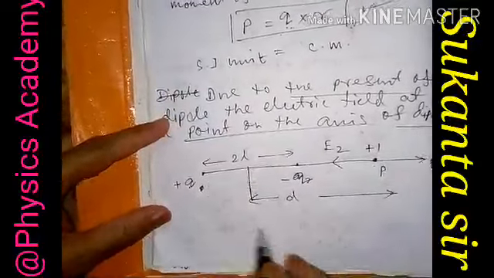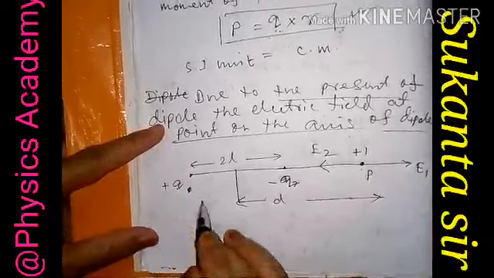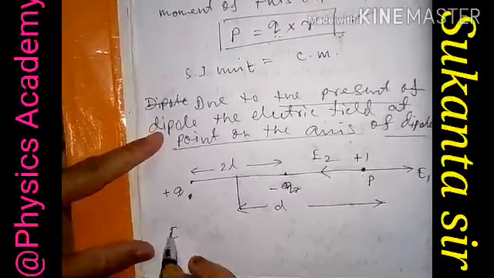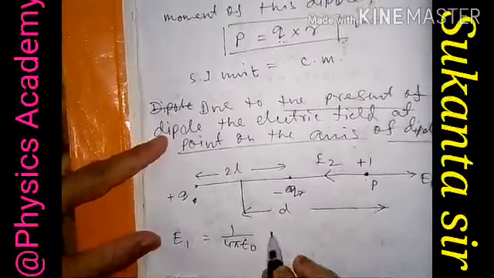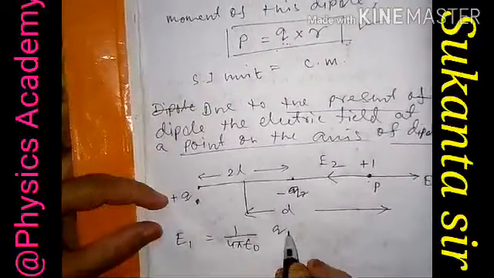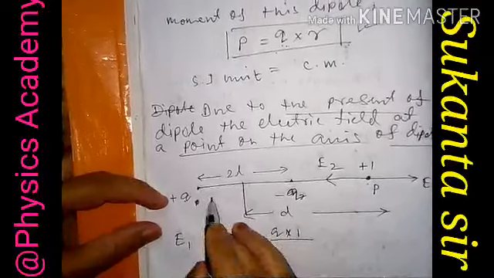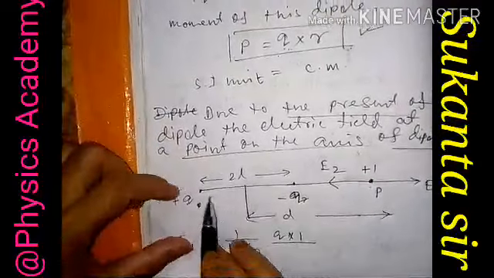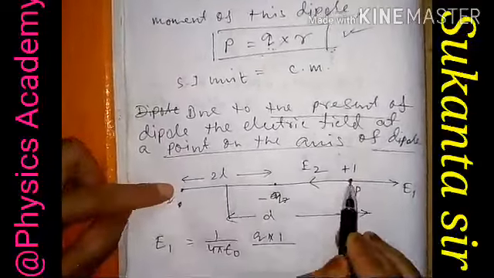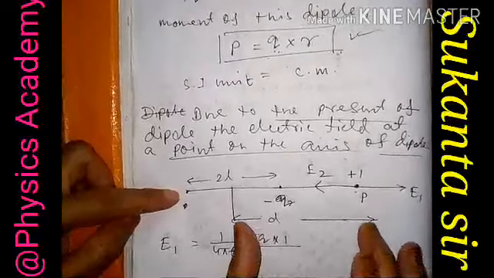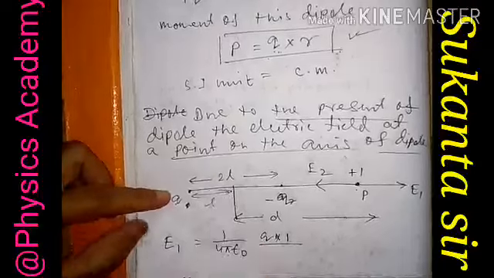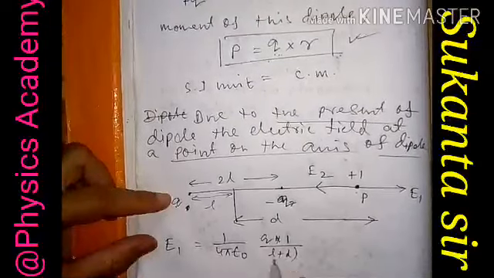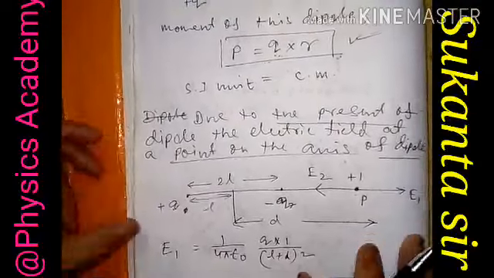Now from this figure we can write E1 equal to 1 by 4 pi epsilon 0, q into 1 divided by the distance from this charge to the point P, which from the midpoint is d, and from this midpoint this is L, therefore L plus d whole square it will be.